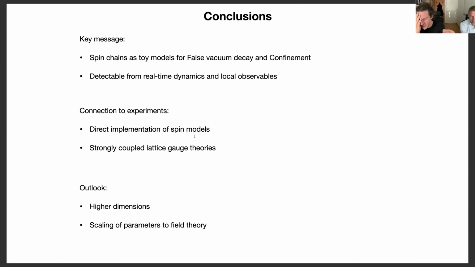Essentially, this happens in the sense of a scaling limit, which means that you reintroduce the lattice spacing, which encodes the energy scale, because the energy scale is 1 over the lattice spacing. What you want to do is to send the lattice spacing to 0, but at the same time send the parameters close to the critical point.